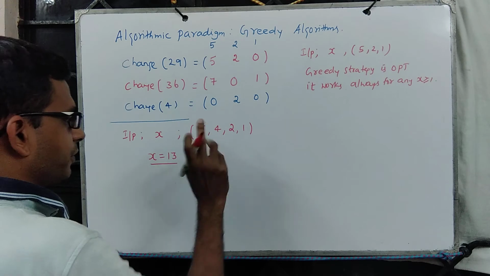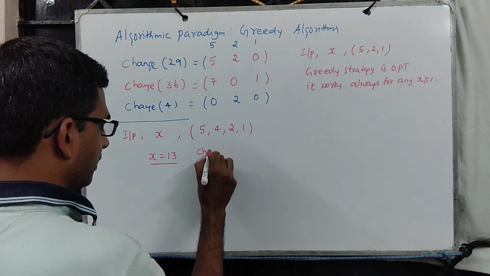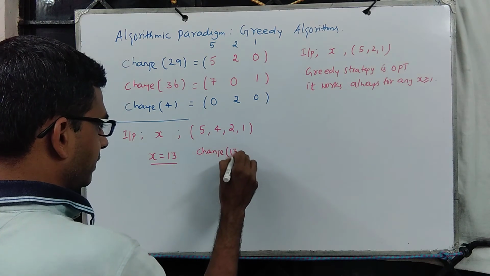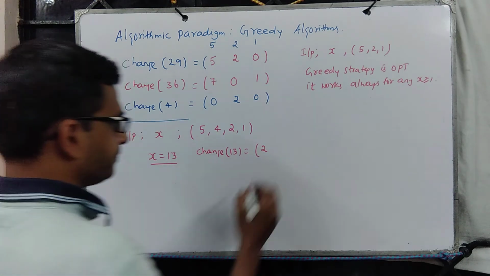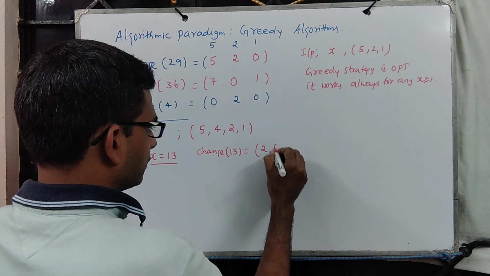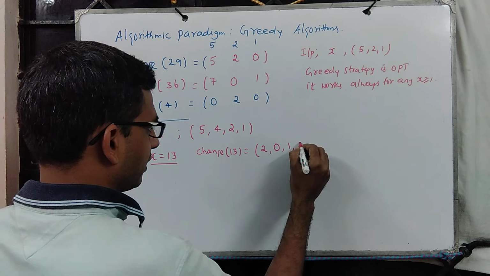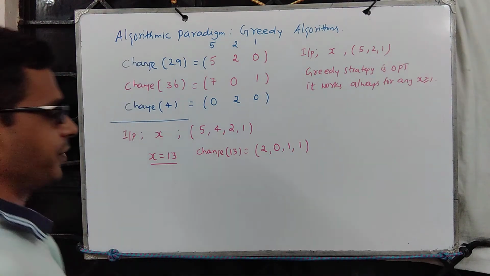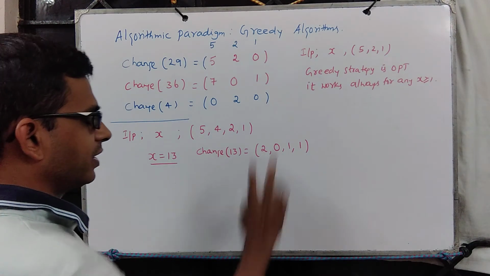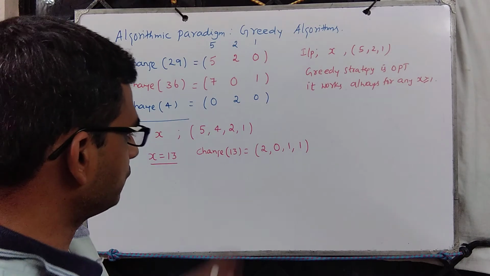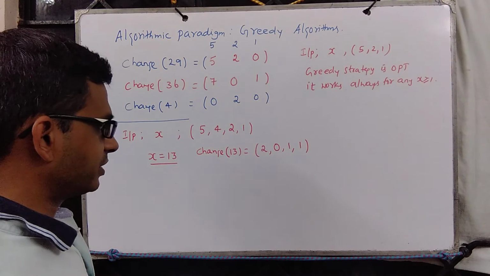In addition to that, I am introducing one more, say 4. Then change for 13: you give two 5 rupee coins, no 4 rupee coin here, one 2 rupee coin and one 1 rupee coin. So this contributes 10, this contributes 2, 12, and 1, 13. So we have used 4 coins to return change for this.